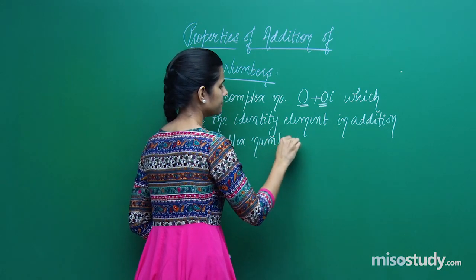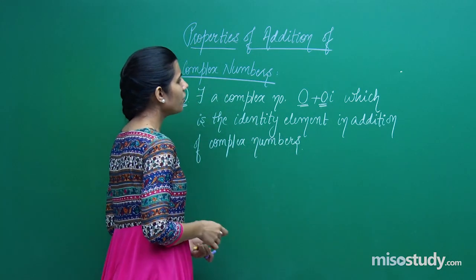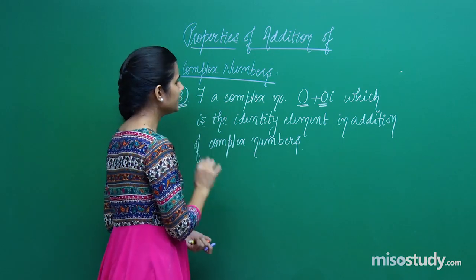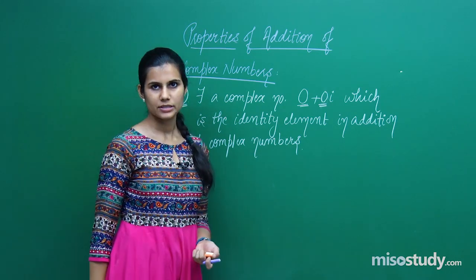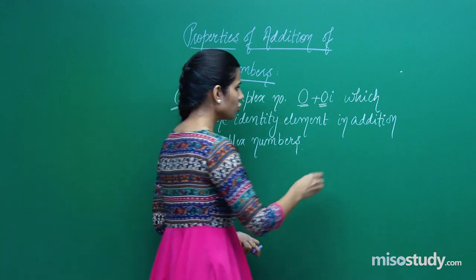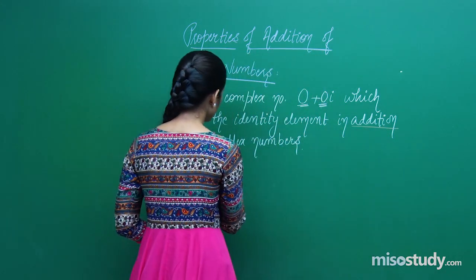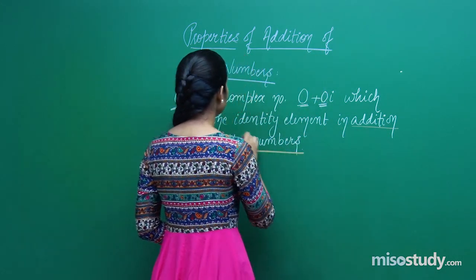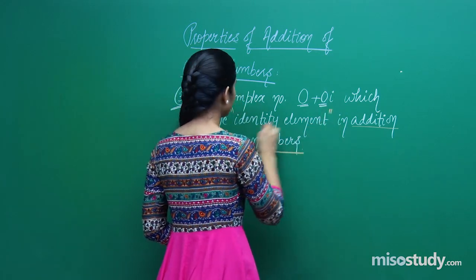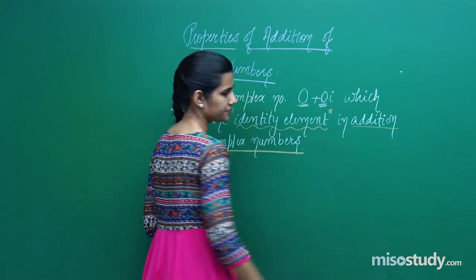Is it clear? There exists a complex number 0 plus 0 iota which is the identity element in addition of complex numbers. That means with respect to addition of complex numbers there definitely exists an identity element.